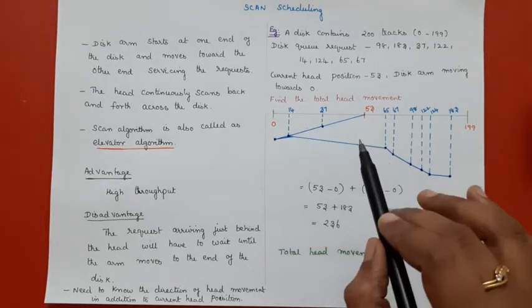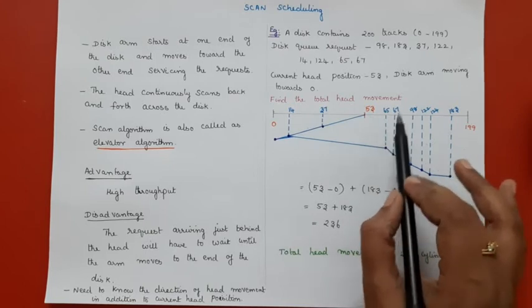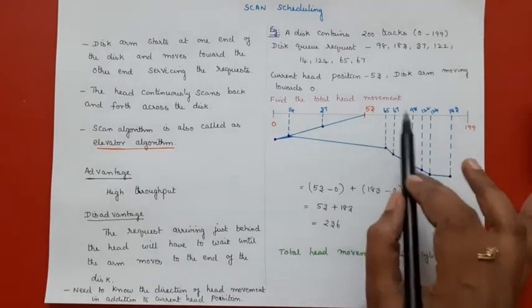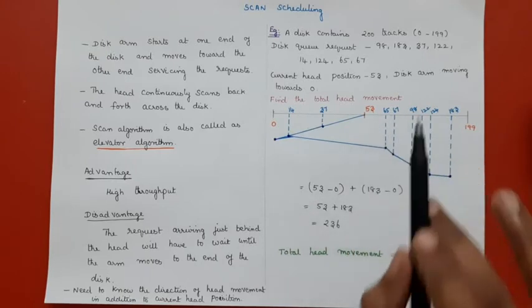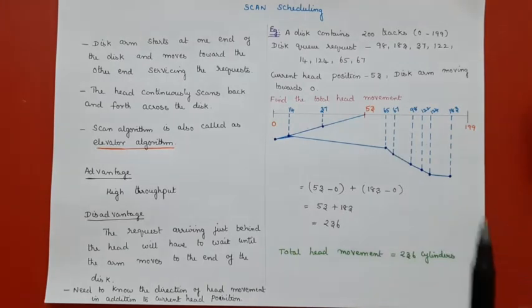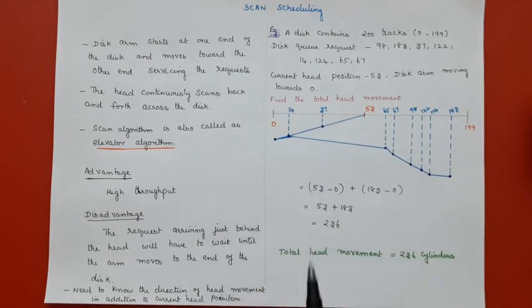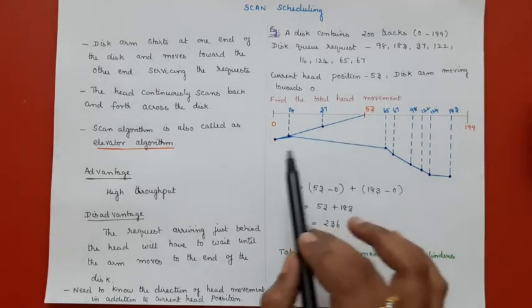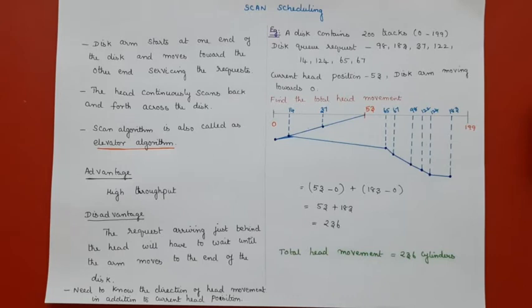Whichever request arrives just behind it, for example 65, needs to wait until the arm moves to the end. That's what this statement means.